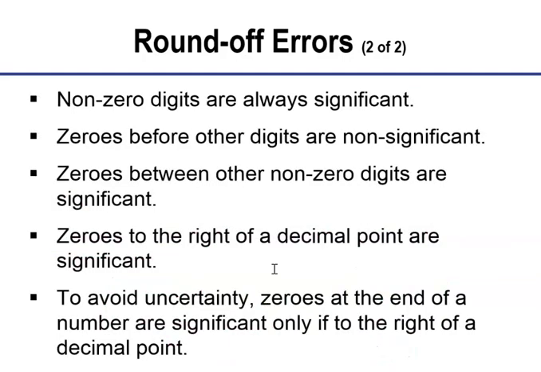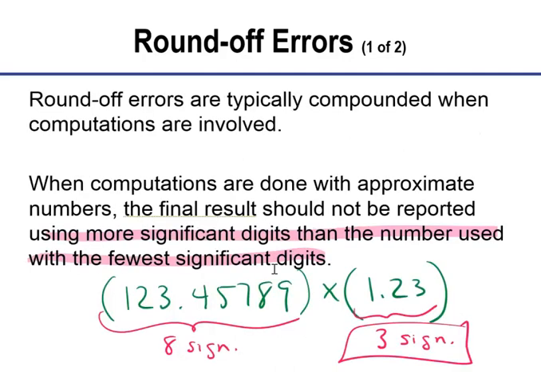All right, round-off errors. Okay, non-zero digits are always significant. So remember we counted them in the last slide, so keep this in mind. Non-zero digits are always significant. Zeros before other digits, if you're talking about whole numbers, are not significant. So let me go back to my picture. Notice we counted significant digits here.